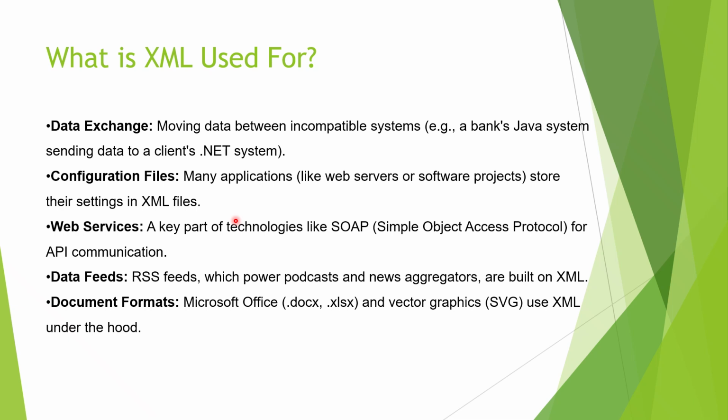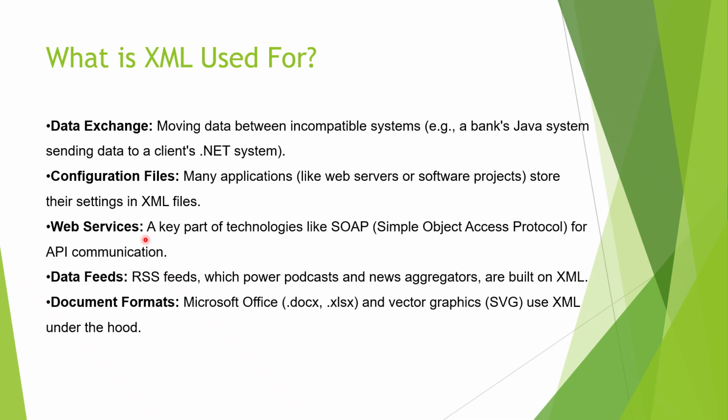Continuing on, XML is a backbone for many web services and APIs. When you use an app on your phone, like a weather app, how does it get the forecast? Your phone sends a request to the weather company's server. The server packages up the forecast, temperature, humidity, chance of rain into an XML file and sends it back to your phone.